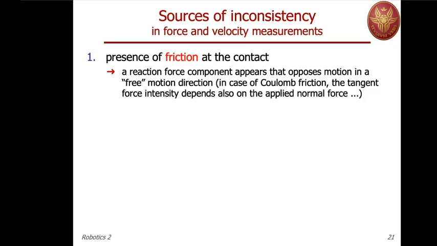In this case, this phenomenon couples them: the more force we apply normally, despite the nominal decoupling, there's a coupling because of this unmodeled effect of friction, and the coupling increases. So in the direction where we control motion, we will see larger disturbances that we have to neglect. So this is a first effect.